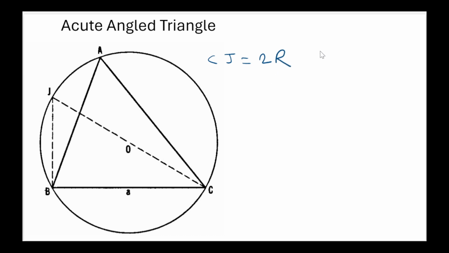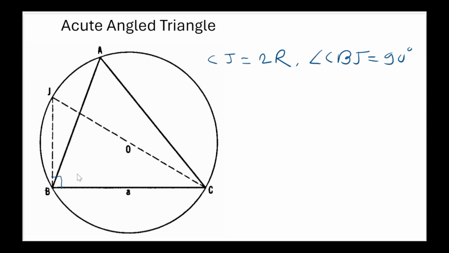Also the angle CBJ is equal to 90 degrees because this angle is inscribed in a semicircle and therefore it is half of the arc in which it is inscribed. So it is 180 divided by 2, that is 90 degrees.